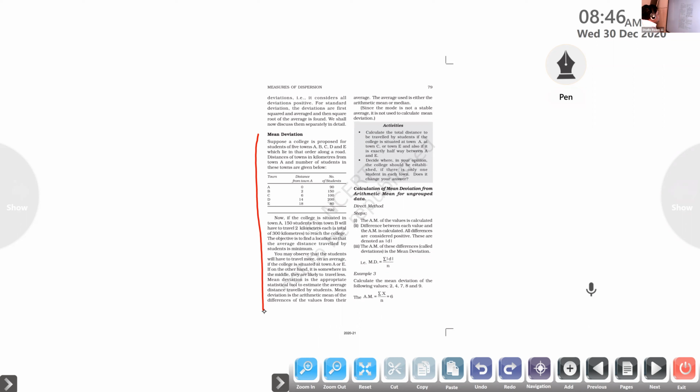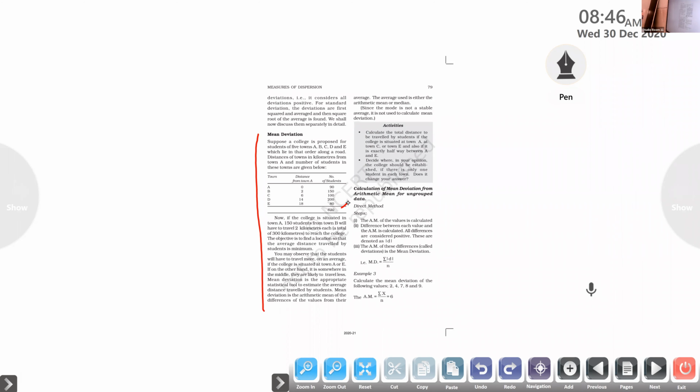Coming to C, there are 100 students, and the distance from town A is 6 kilometers. Next one, town D, there are 200 students and the distance from town A is 14 kilometers. Next one, town E, the last and final one, there are 80 students. The distance from town A is 18 kilometers. So you can see the total number of students is 620.